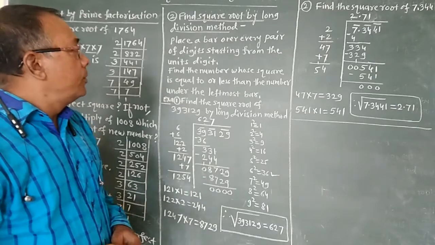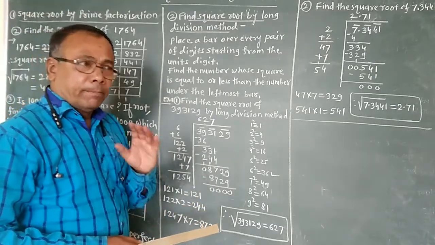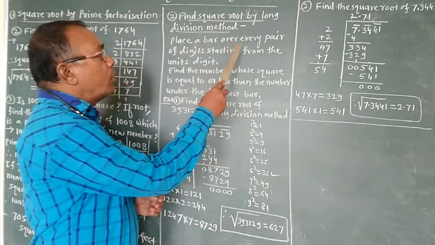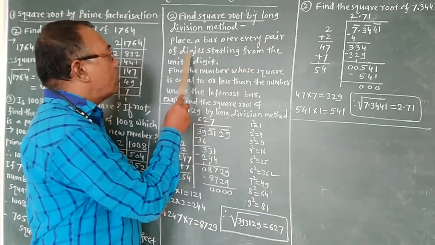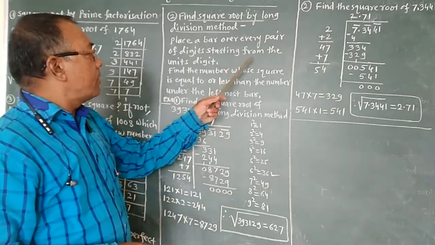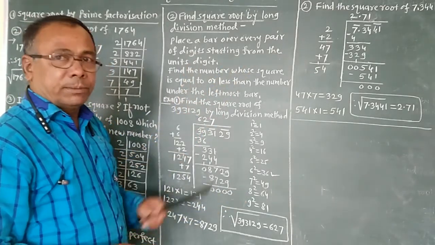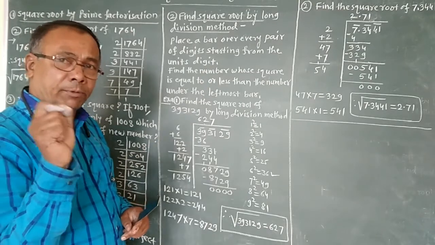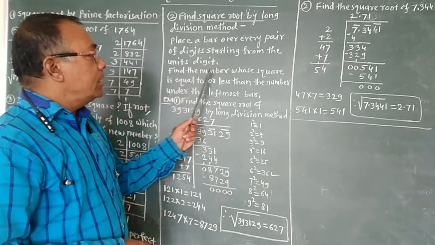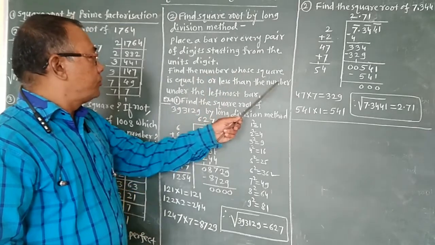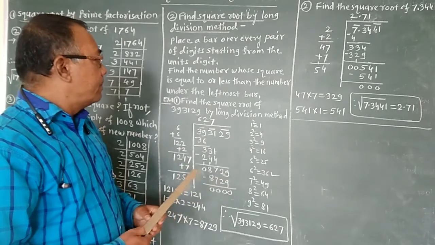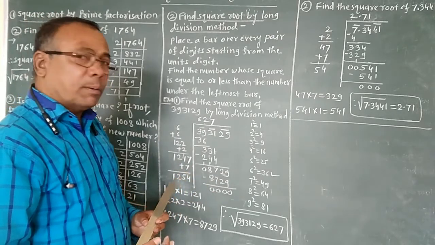Here we have to consider some points, that is, place a bar over every pair of the digits starting from the units digit, means we have to start pairing from the units digit. Find the number whose square is equal to or less than the number under the leftmost bar.